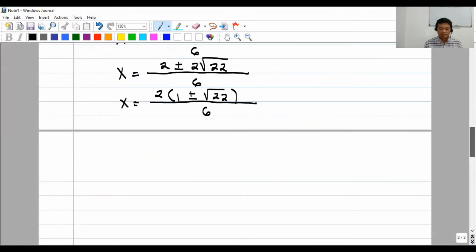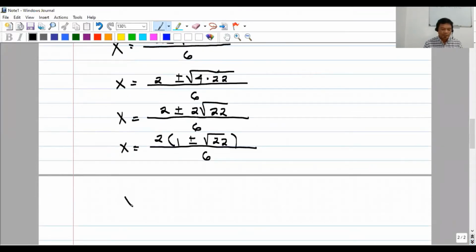Going further, x is equal to, we cancel our 2 and 6, and 2 over 6 becomes 1 over 3. So we have 1 plus minus the square root of 22 over 3.